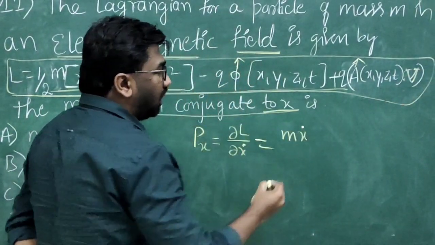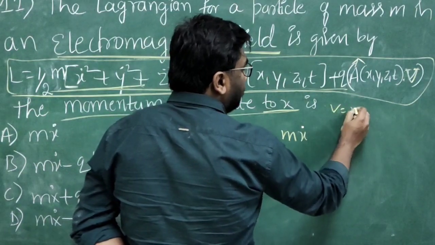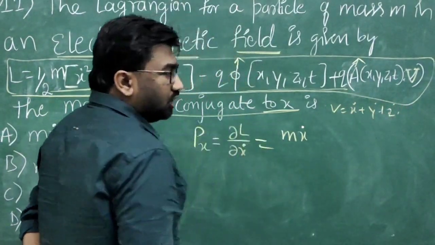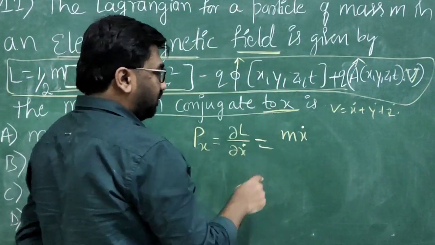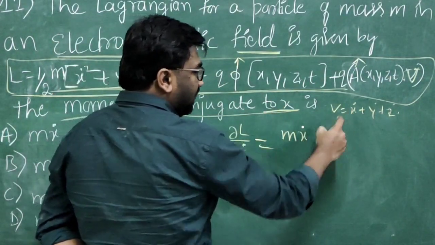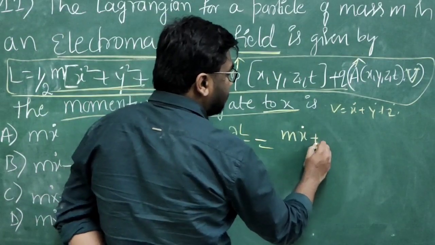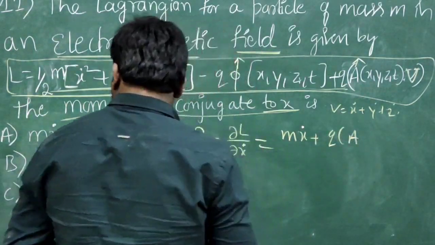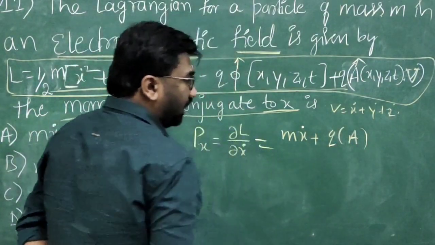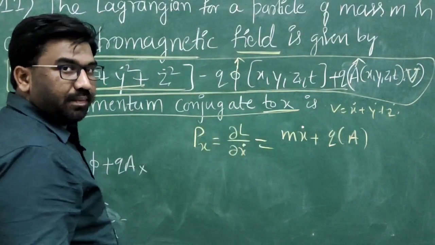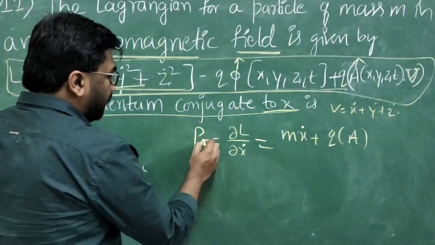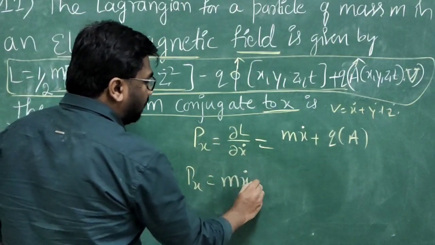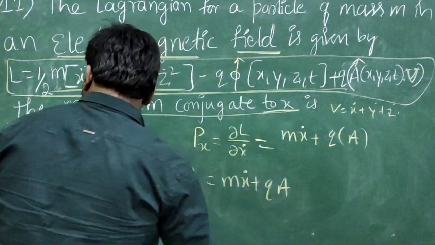V is nothing but x dot plus y dot plus z dot. Now we should differentiate that also with respect to x dot. So then it is plus, the coefficient is q A, right? q into A. So therefore p_x is nothing but m x dot plus q into A.